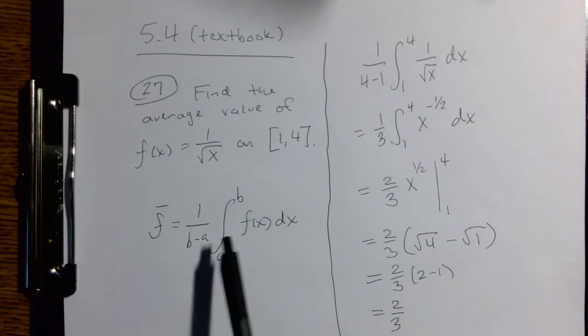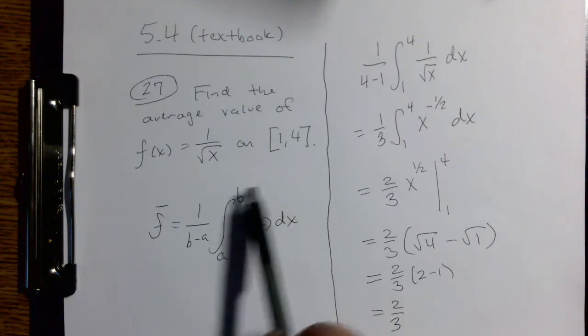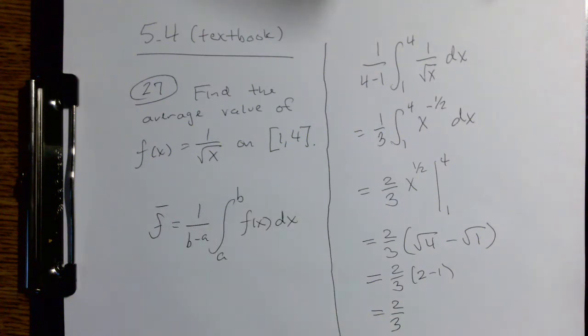Essentially we've got this net area, and we're dividing by the length of the interval, so we're getting an average height of the graph. And if it were rectangular, then we're taking length times width and dividing by width, or dividing by length, however you want to look at that.